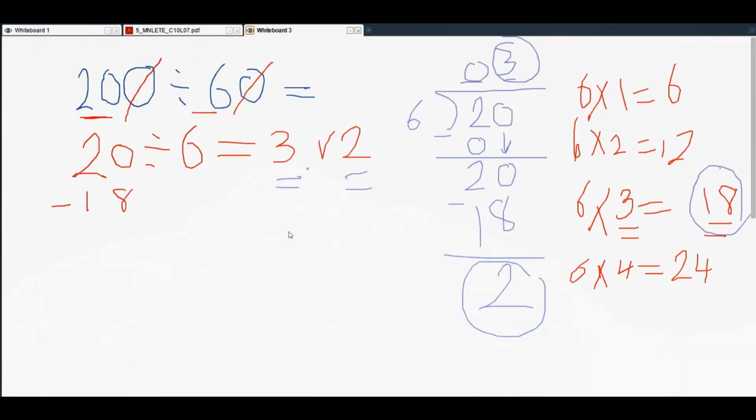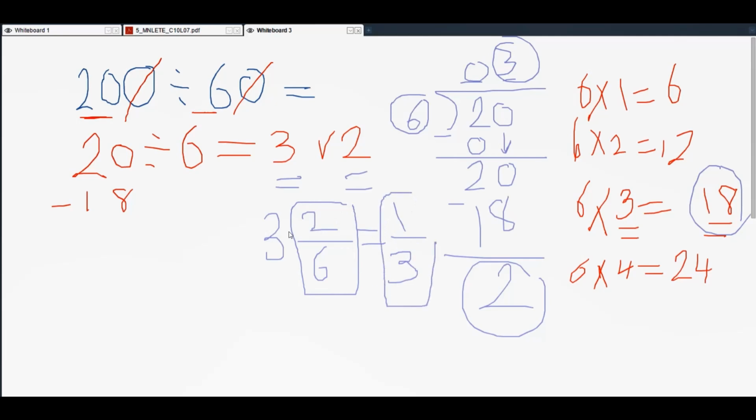Okay, let's convert it. So it will be 3 and 2 over 6. 2 is the remainder and 6 is the denominator. So let's simplify it. 2 divided by 2 up and down, so it will be 1 over 3. So the answer is 3 and 1 over 3. 3 as a whole number and 1 over 3.